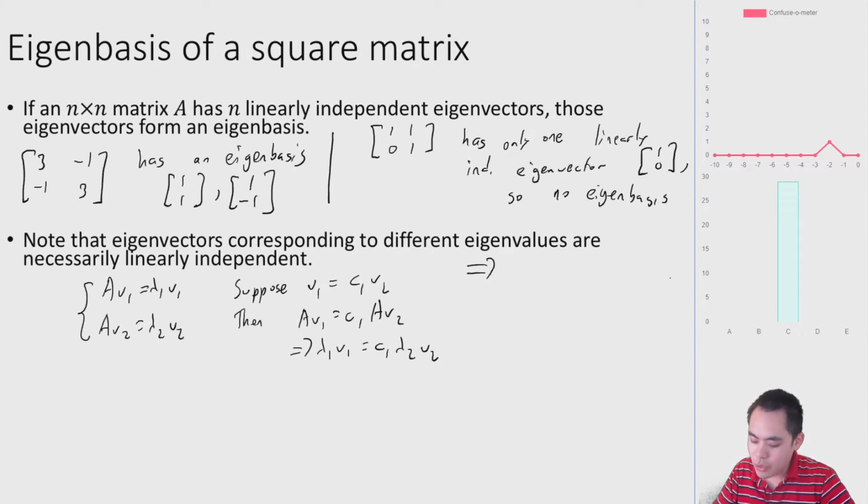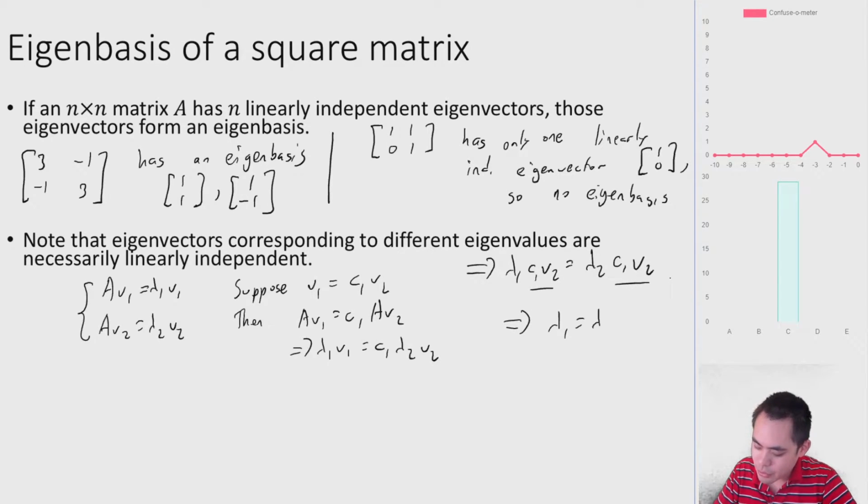But we know that V1 is equal to C1 V2. So this implies that lambda 1 C1 V2 is equal to lambda 2 C1 V2. And so these parts cancel out, so this implies that lambda 1 is equal to lambda 2. And so if two eigenvectors are linearly dependent, then they have to correspond to the same eigenvalue.